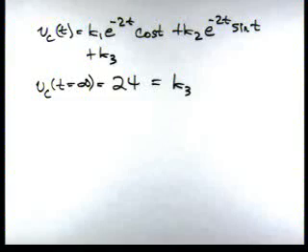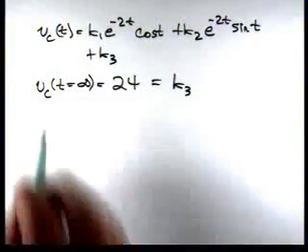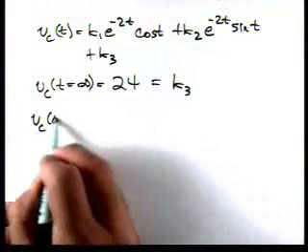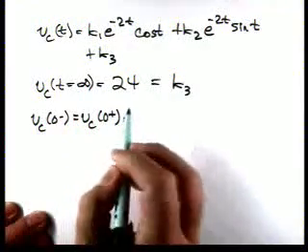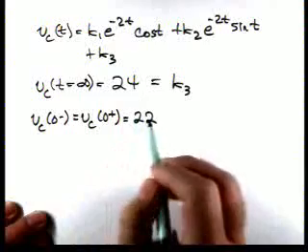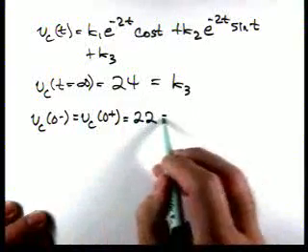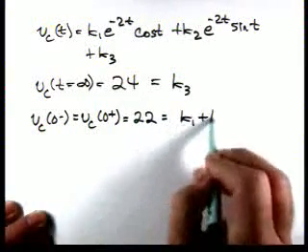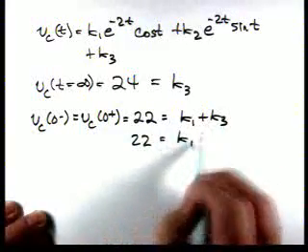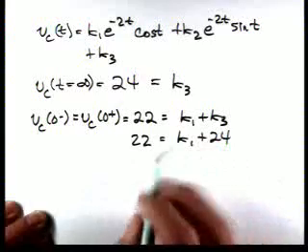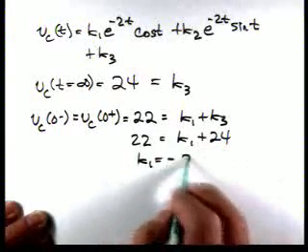So now we know that VC of 0 minus equals VC of 0 plus equals 22. And this is going to be K1 plus K3. So we got 22 is equal to K1 plus 24. So that gives us that K1 is equal to minus 2.